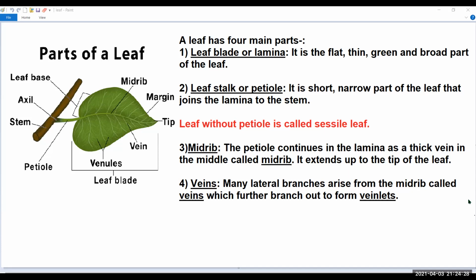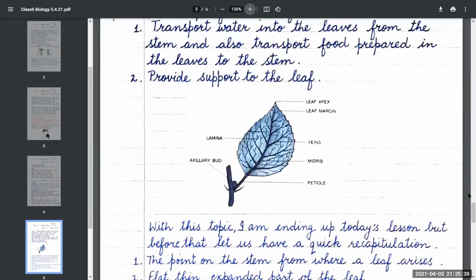Then comes veins. Many lateral branches arise from the midrib. They are called veins, which further branch out to form veinlets or venules. Veins perform two functions.